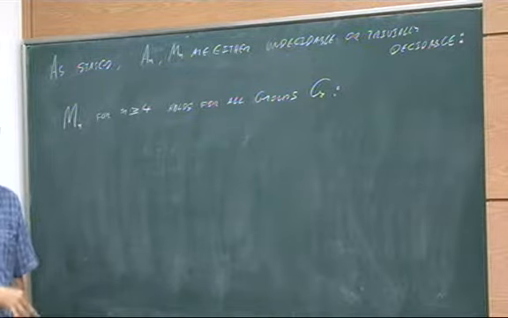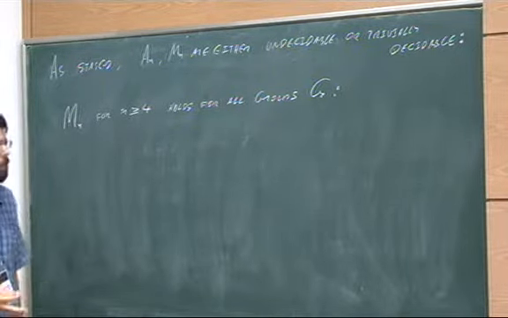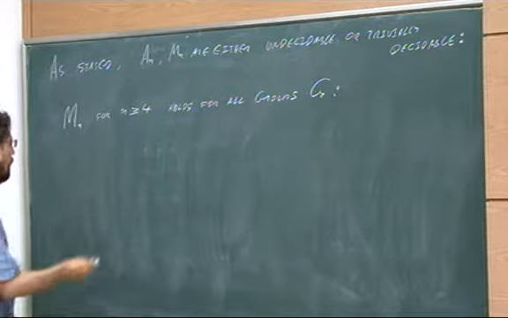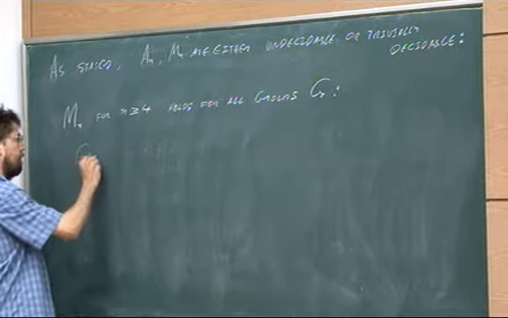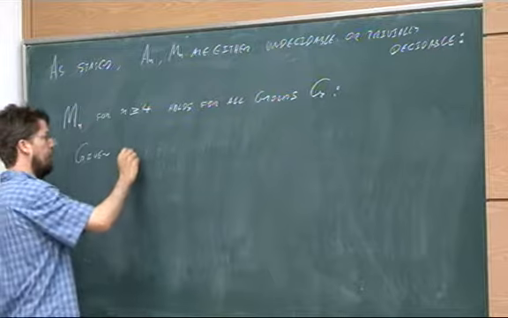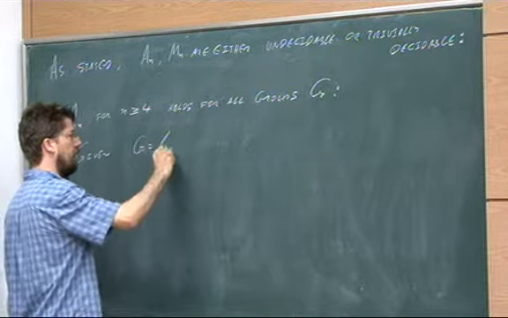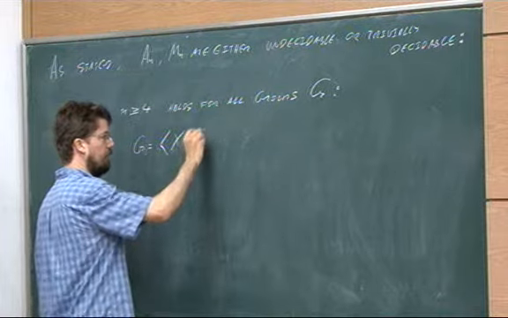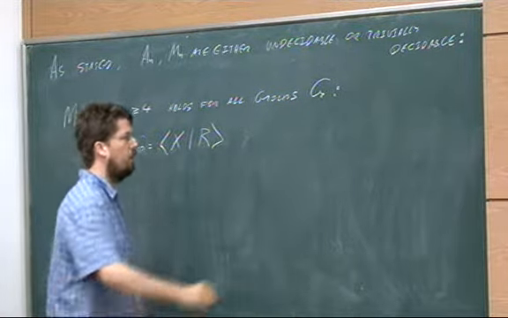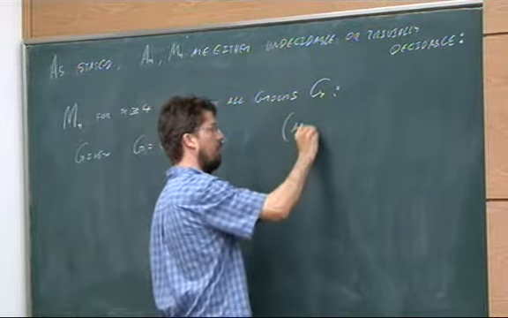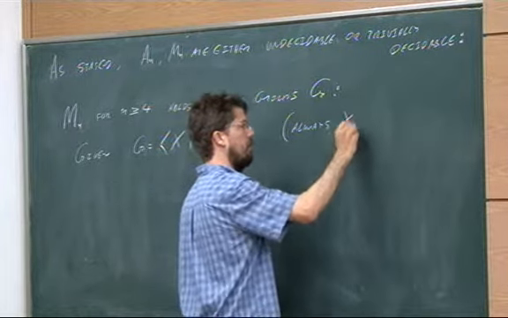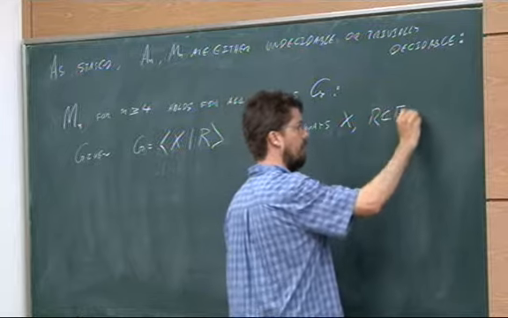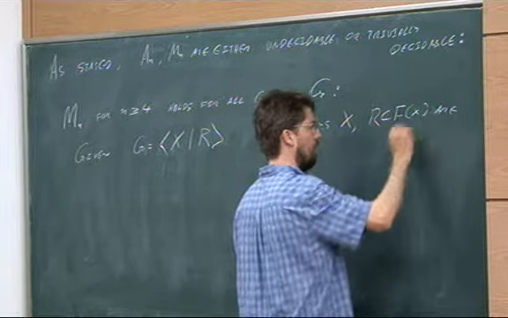You may have seen this before, but let me remind you of the construction. We're given G by a finite set of generators and a finite set of relations. So we're always assuming X and R sitting inside F(X) are finite.